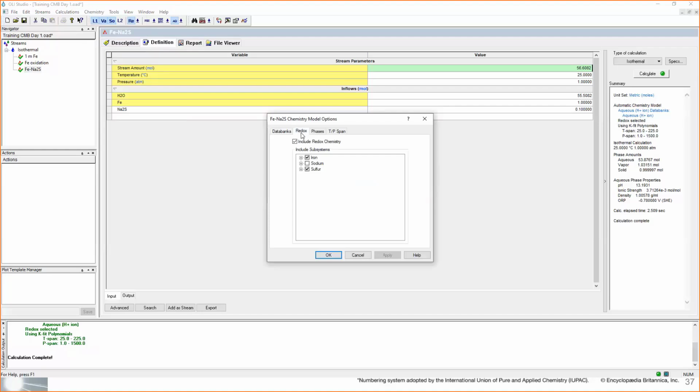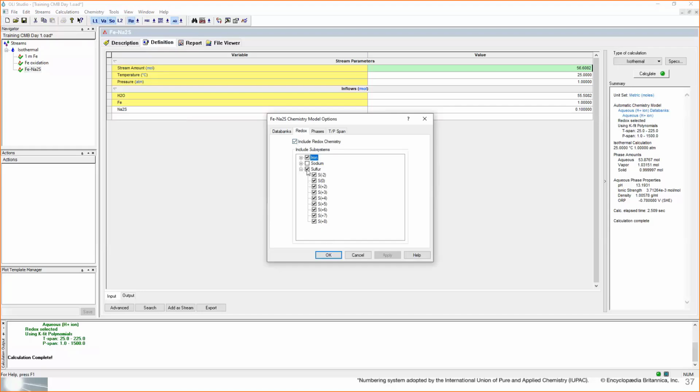And of course, we have turned the redox on, so this is checked, saying that we are including redox reactions. And for sulfur, we are including them all, but we are going to expand it. All of them have been selected. We don't need them all. For this calculation, it's not necessary.